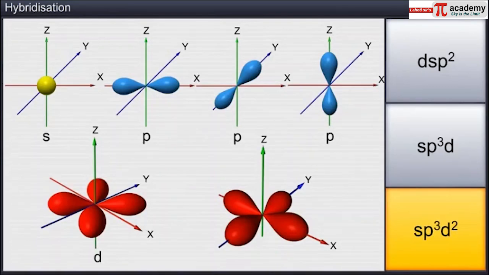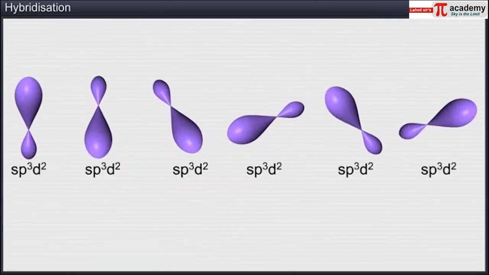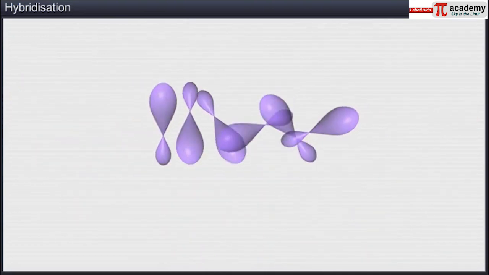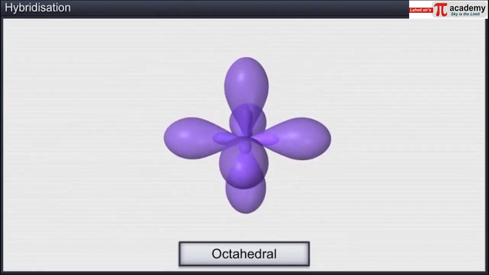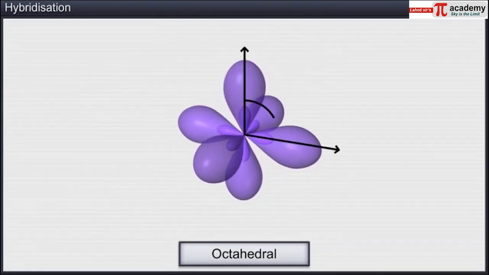In sp3d2 hybridization, one s orbital, three p orbitals and two d orbitals combine to form six sp3d2 hybrid orbitals of equivalent energy. They have an octahedral arrangement and a bond angle of 90 degrees between the orbitals.